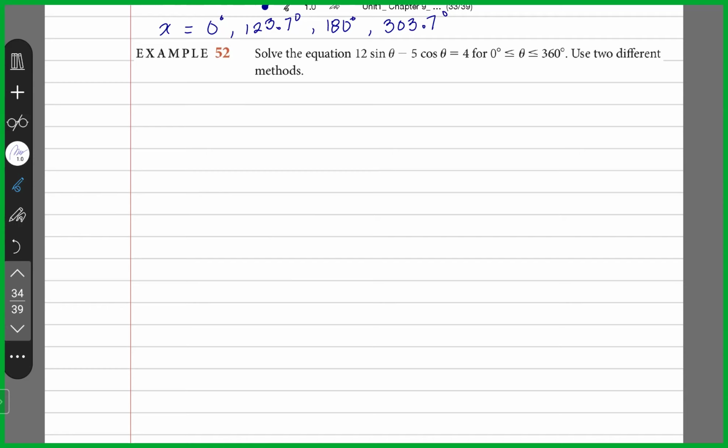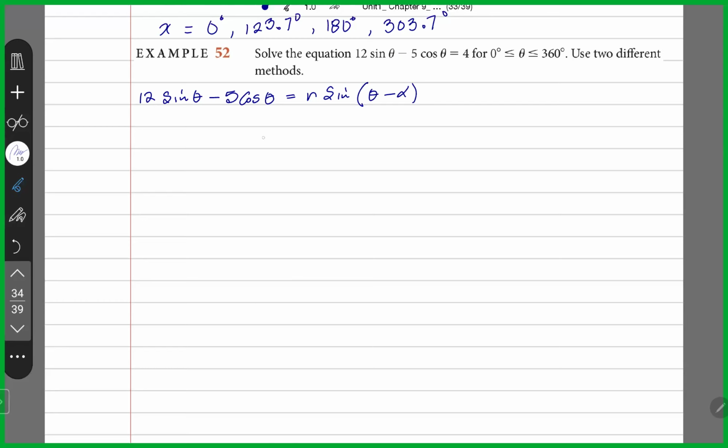So I'm going to start by expressing 12 sine theta minus 5 cos theta in the form r sine theta minus alpha.